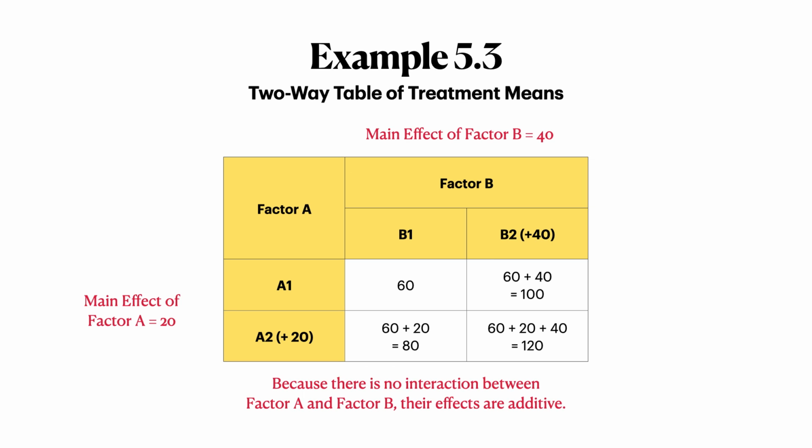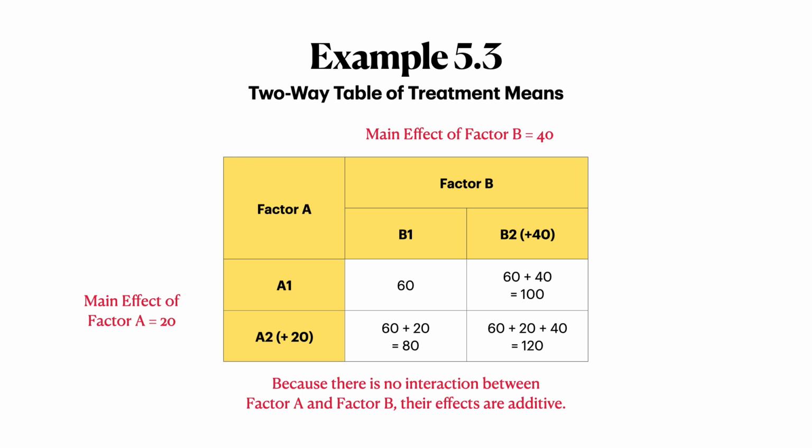And then finally, if we start at the A2B1 cell and move over to the right one cell so that we're looking at the cell for A2B2, then the value for that mean ought to be 60 plus 20 plus 40, because we're now going from level B1 to level B2, and the main effect of factor B is 40. And that is indeed the case, because we were told that that treatment combination mean was 120.